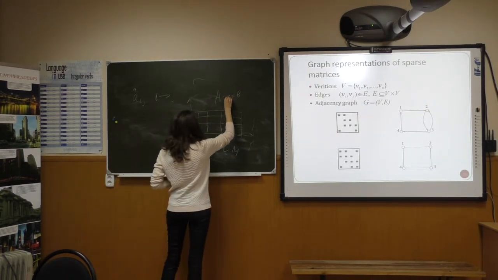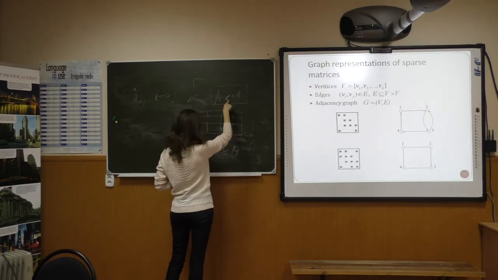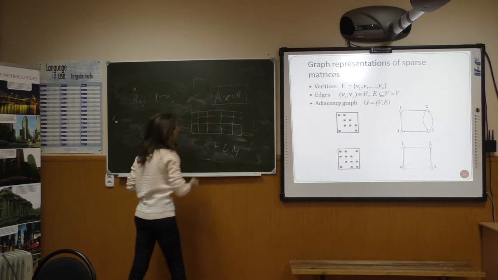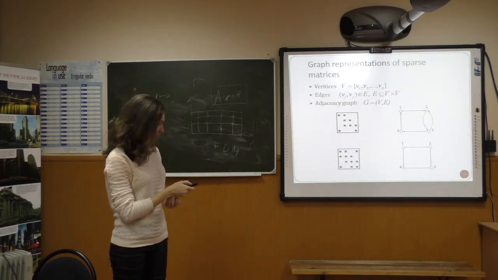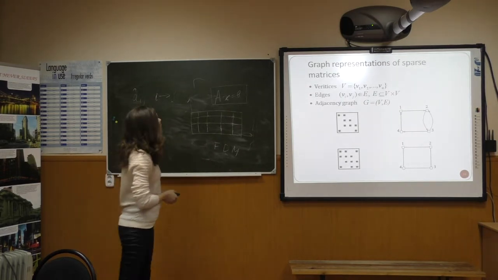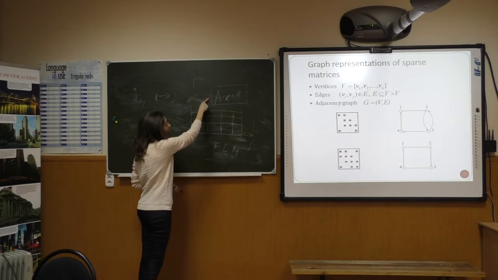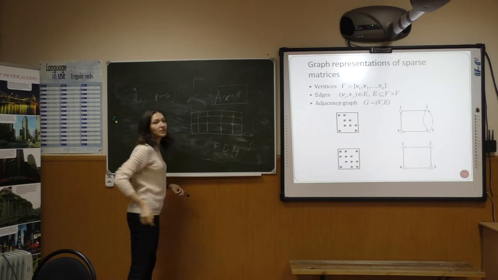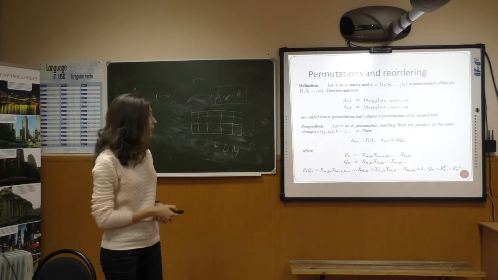And also, in terms of equations and unknowns in this linear system of equations, the rows of this matrix A represent the equations, and the columns of this matrix A represent the unknowns in this equation.